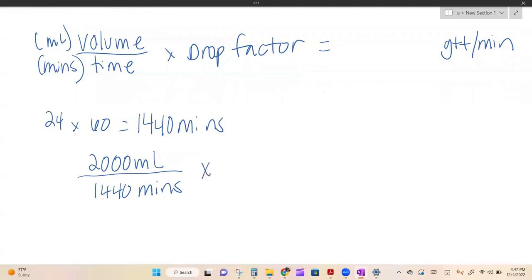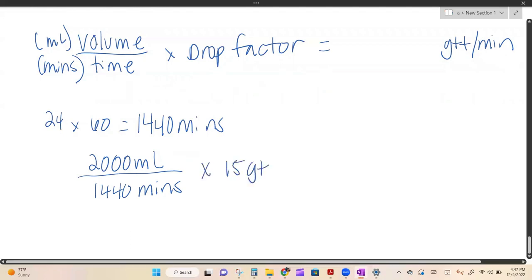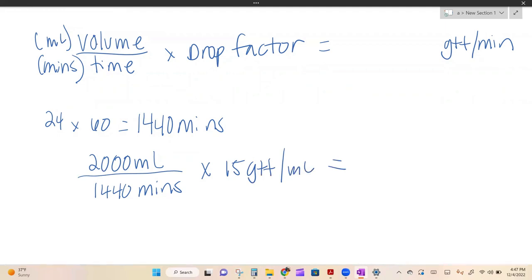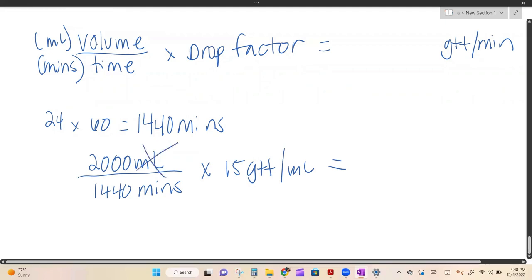And then we're going to multiply that by the drop factor, remember, 15 drops per ml. So we can first cross off like units. We have milliliters, so those are going to be gone, not the number, just the units. Now you can see we only have the units of drops per minute, which is what we want in our answer.